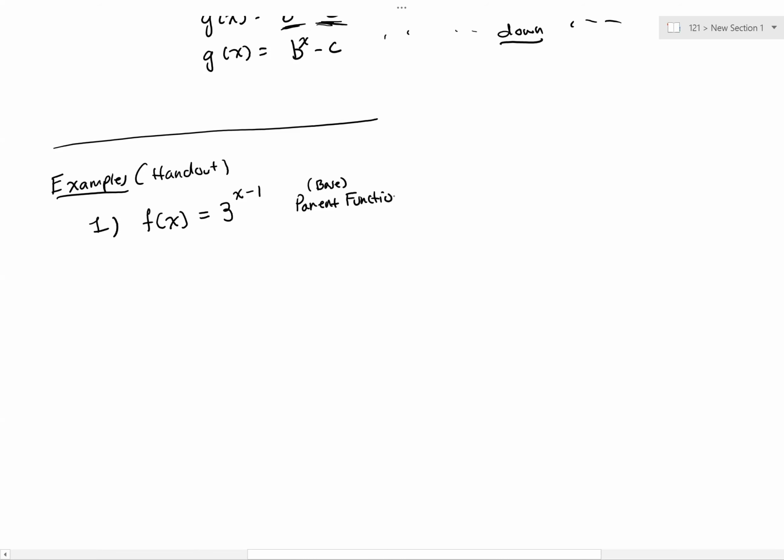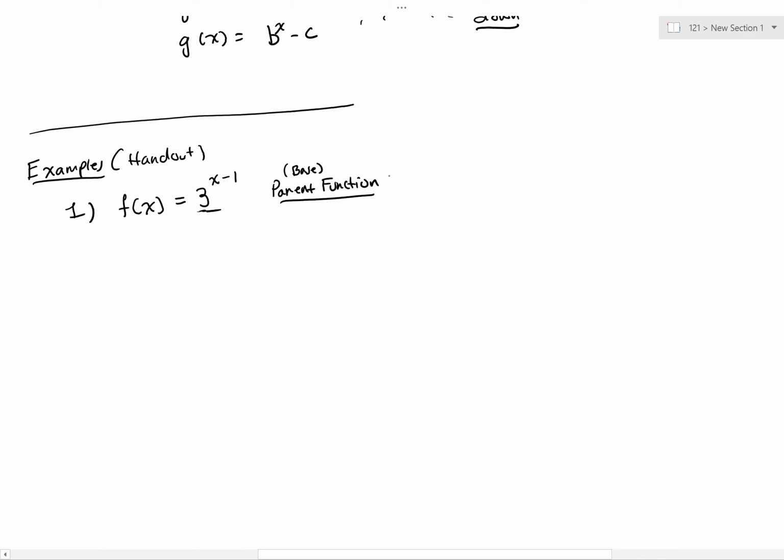I changed my vocabulary because we talk about bases of exponential functions, and then the base function could be a little confusing. But to identify the parent function of any exponential function, just look at the base. The base is 3. So the parent function is just 3 to the power x.